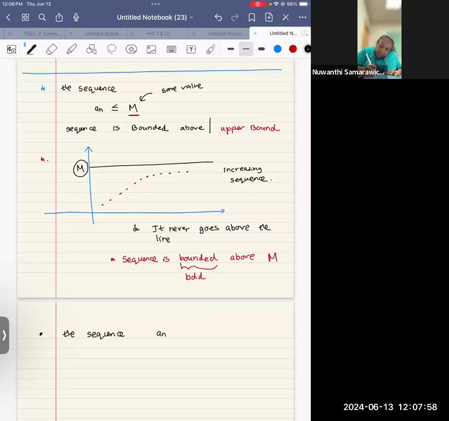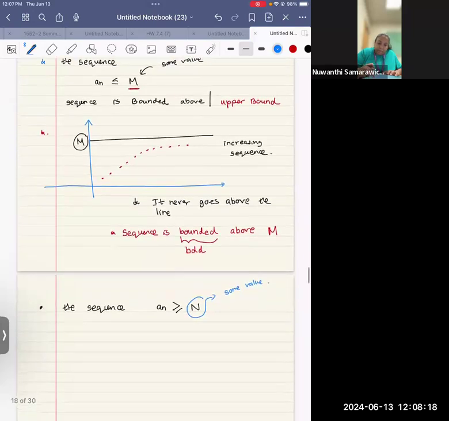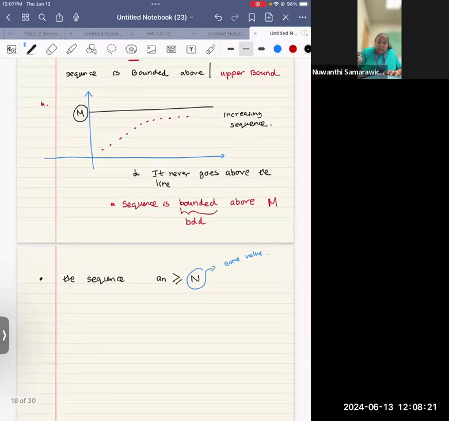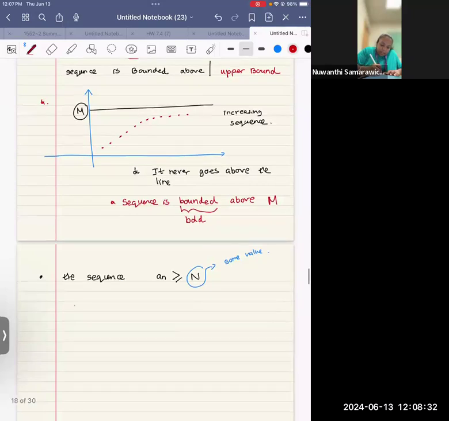If the n term of a sequence is greater than or equal to some number, some value, then we say the sequence is bounded below.